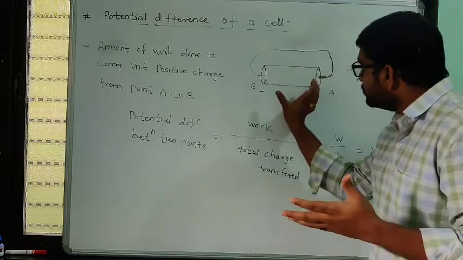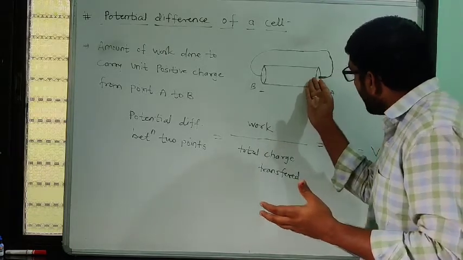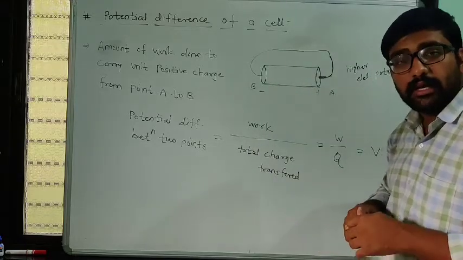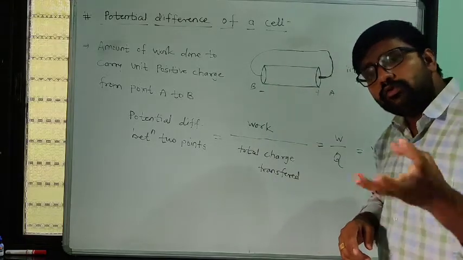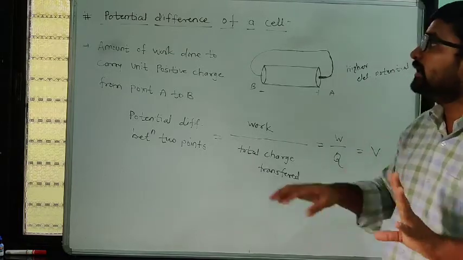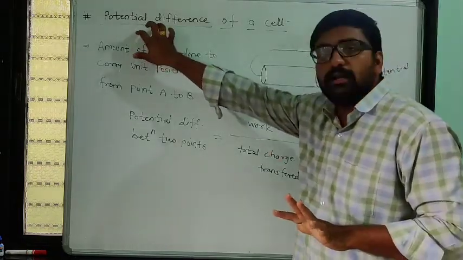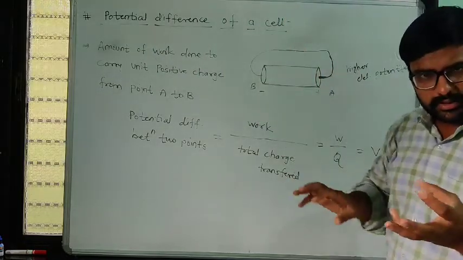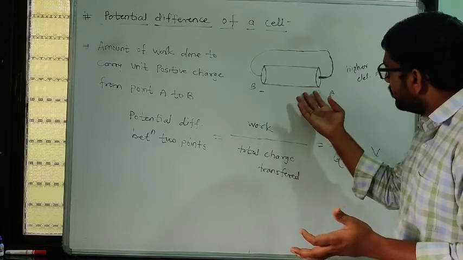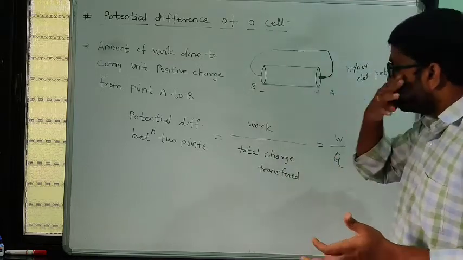Potential difference means, if we want to carry charges from the positive terminal to the negative terminal, we have to do some work, and that work done is the potential difference. It is the work done to carry a unit charge from the positive terminal to the negative terminal.